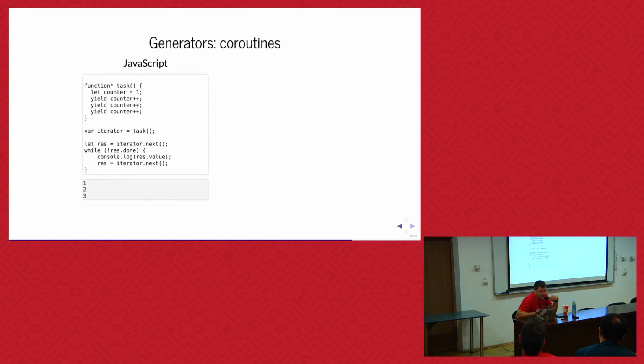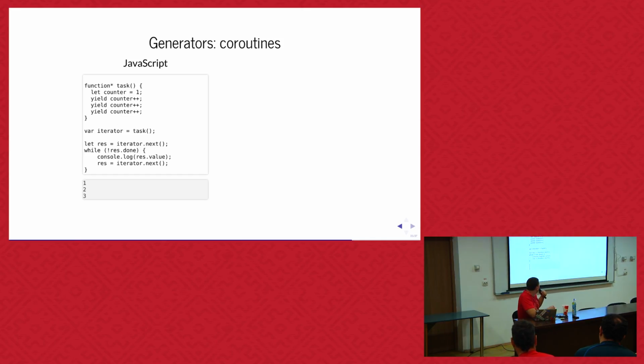Also, generators are effectively coroutines. A coroutine is a generalization of a subroutine in the sense that it can return its value and then get back to that place where it returned the value and continue its execution.